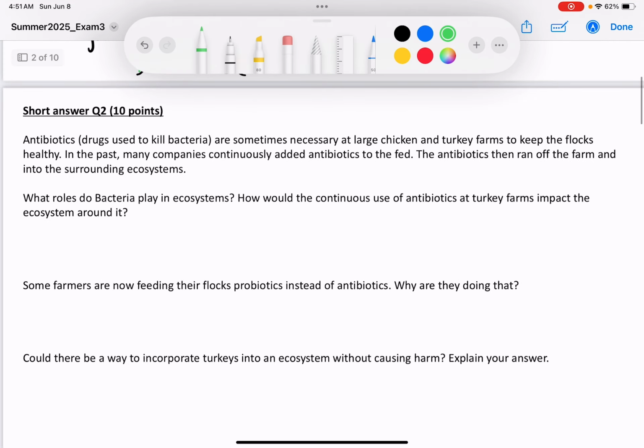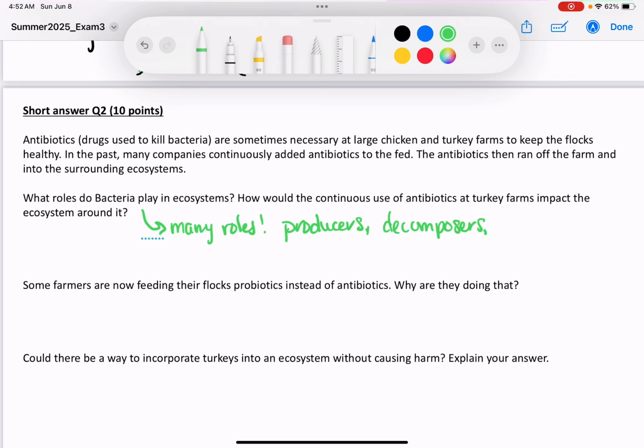So here are the questions. What roles do bacteria play in ecosystems, and how would the continuous use of antibiotics at a turkey farm impact the ecosystems around it? So bacteria play many roles, right? They can be producers, we've talked about them being producers. We've talked about them being decomposers, right?